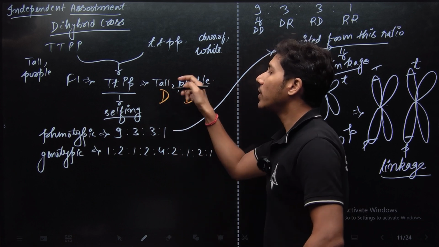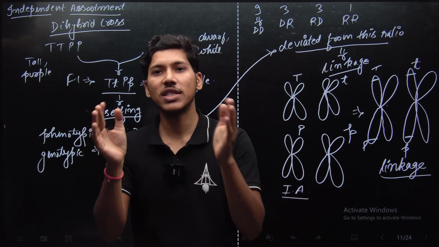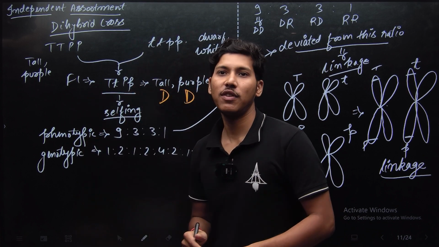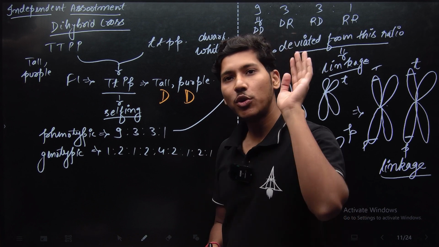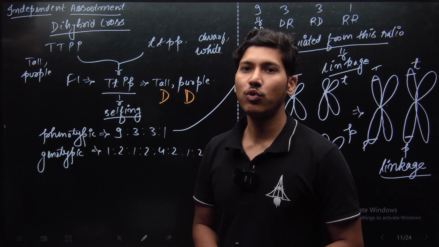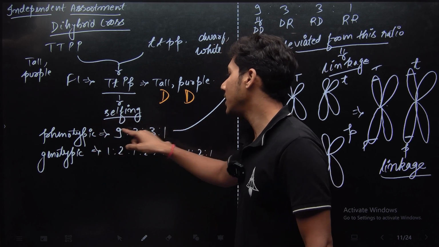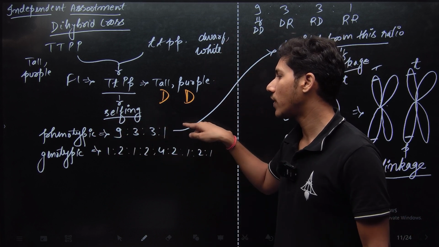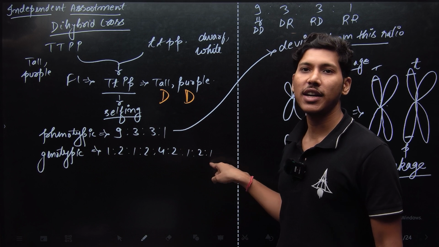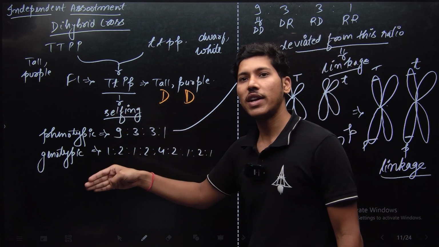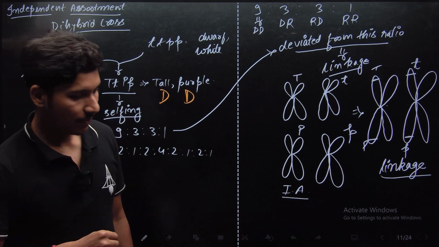But when you self them, on self crossing, there will be a total of 16 possibilities of F2 hybrids, which will phenotypically segregate in this manner: 9:3:3:1, and genotypically they will be segregated in this manner: 1:2:1, 2:4:2, 1:2:1. Okay.